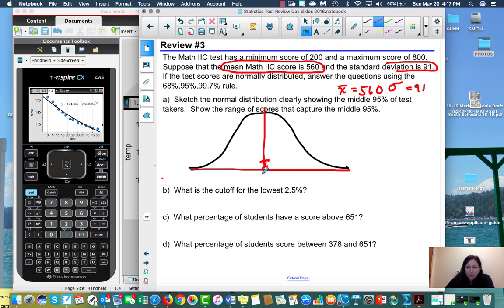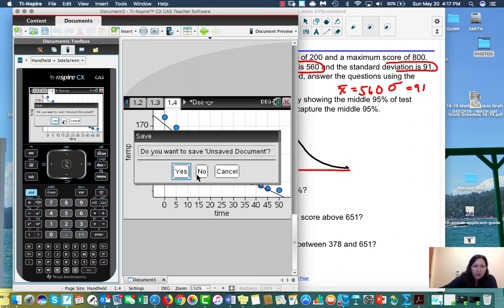So let's put that there, 560. Then we have one standard deviation away. That's going to be 660 because 560, I'm going to add 91. So actually that's not right.